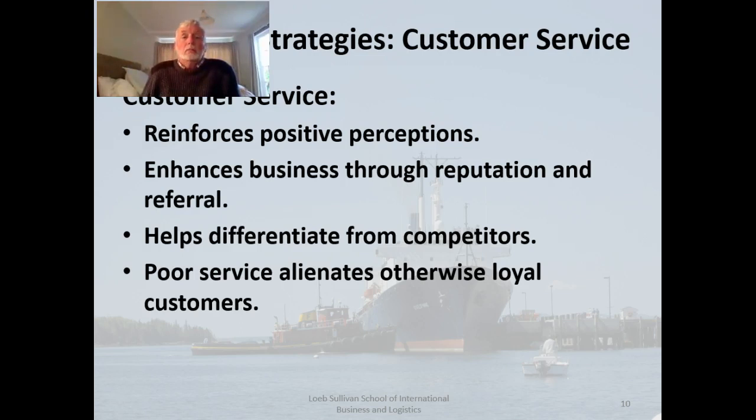They are happy with their purchase, may buy again from us, and in this social media world, they'll talk about it both to their friends and on social media about how they're happy with the product. So it helps the reputation of the business, refers new customers, definitely differentiates you from competitors, and there's no faster way to lose customers than poor service. So after sales service, very, very important.